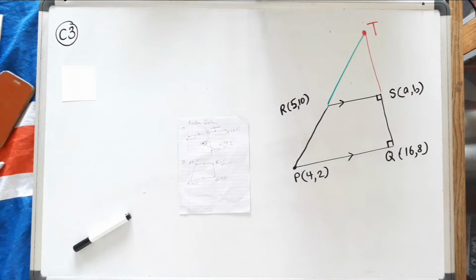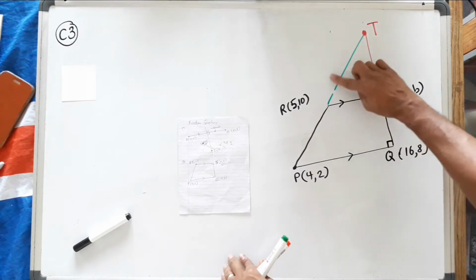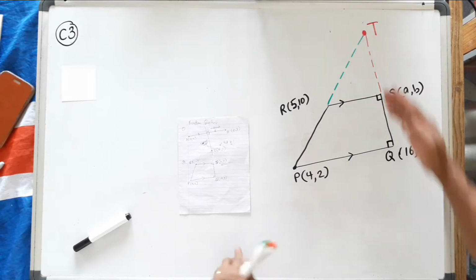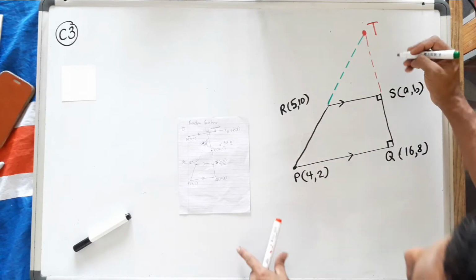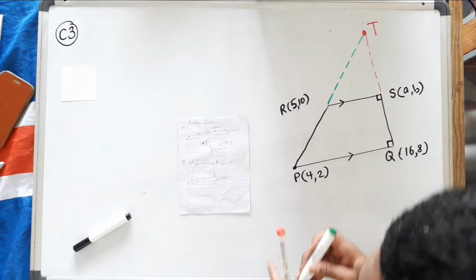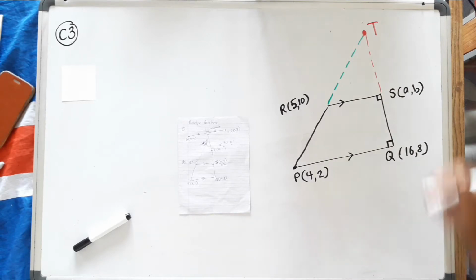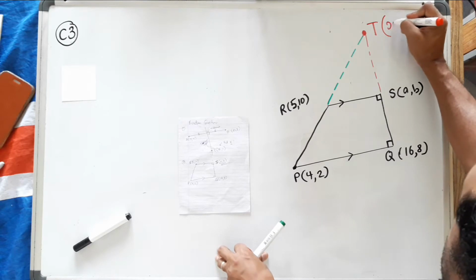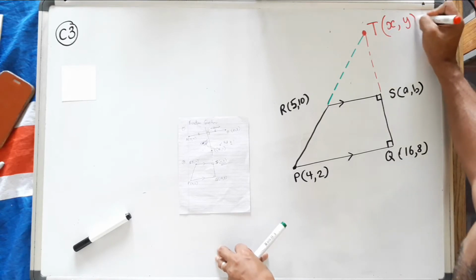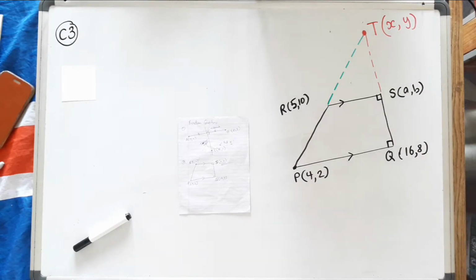I'm going to call that point T. But this only happens if you extend this line and extend that line. The aim of the question is to find the coordinates of T, and I'm going to call them simply x and y. So that's the aim of the question.